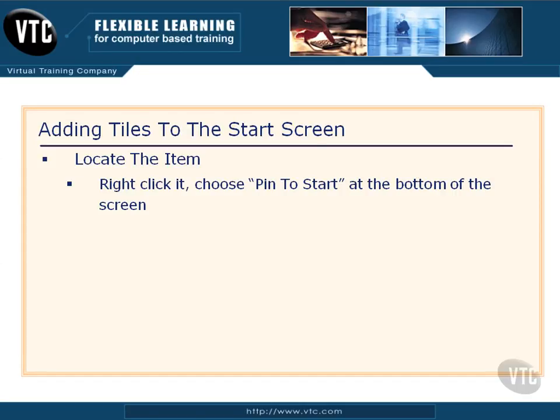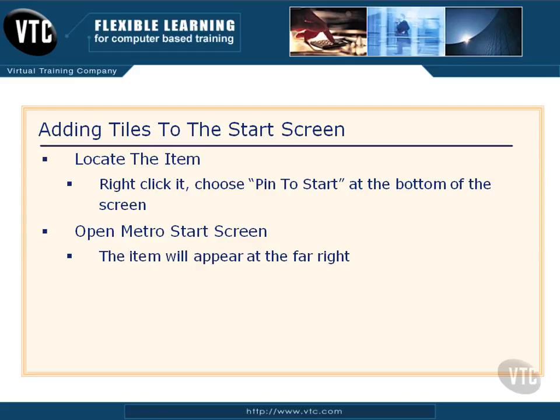All right, locate the app that you want to see on the start menu, and now you will see pin to start at the bottom of the screen when you right click that particular shortcut, application, document, whatever. Then just go back, open the Metro start screen, scroll all the way to the right, and you're going to see that particular item. Now you can just drag it to your desired location and you now have it on your start screen.